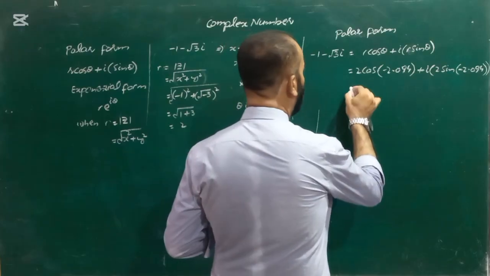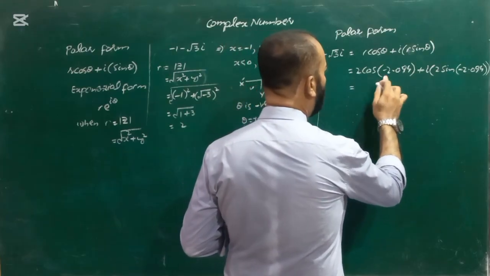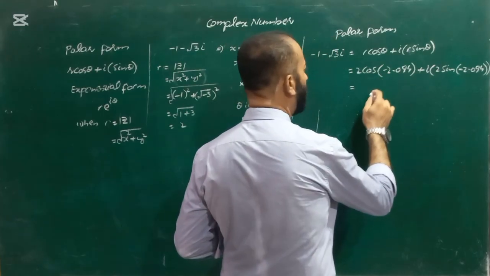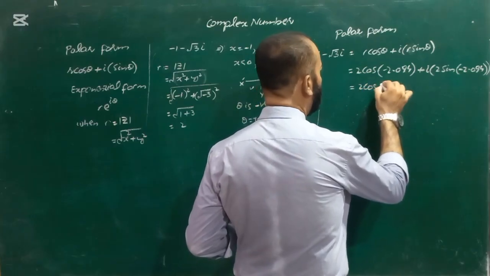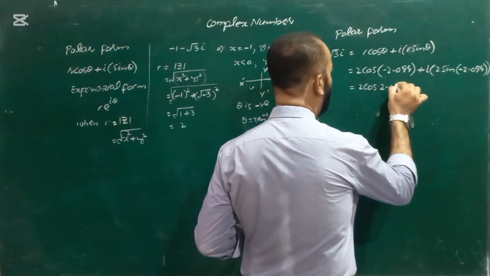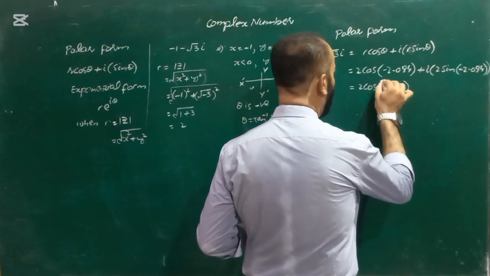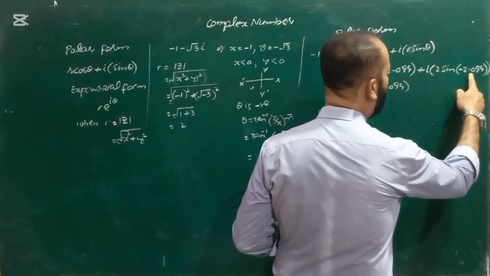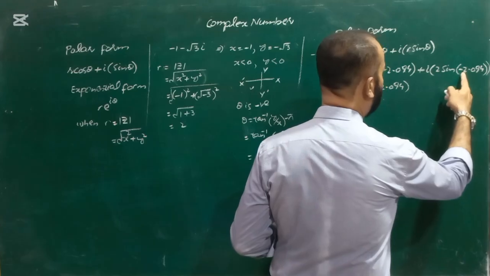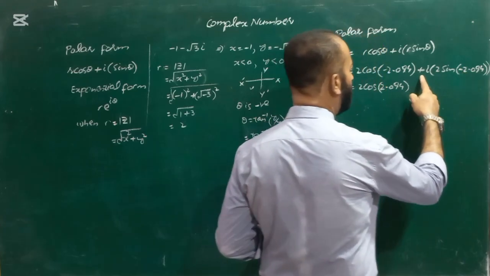Okay, cos always absorbs the negative sign, so it will be 2 cos 2.094, but sine is not able to absorb the negative sign, so it will push the negative sign backward.